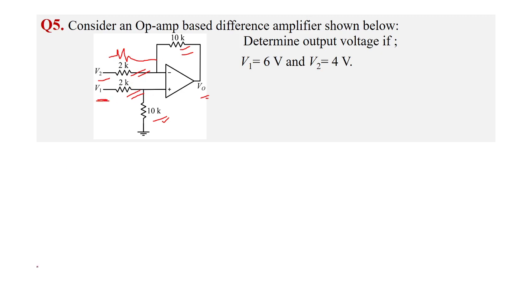So we cannot do what we did previously, where we found the current through the feedback and it equaled the input current. Here we cannot say this current is V2 minus this node voltage, because in the previous question this node was 0, as no voltage was connected here. But in this question V1 has been connected, so the voltage won't be 0 here. So we have to consider what the voltage is here.